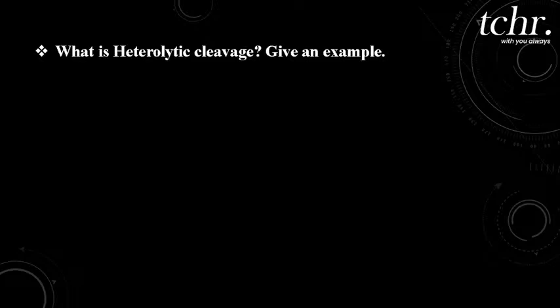Heterolytic cleavage or heterolysis is the opposite of homolysis. For example, if I take a compound like chloromethane, with a bond between CH3 and Cl, when the covalent bond is broken, it is broken unsymmetrically.